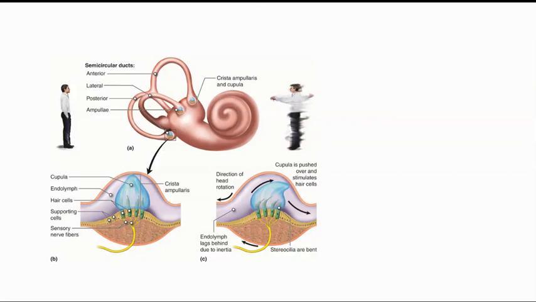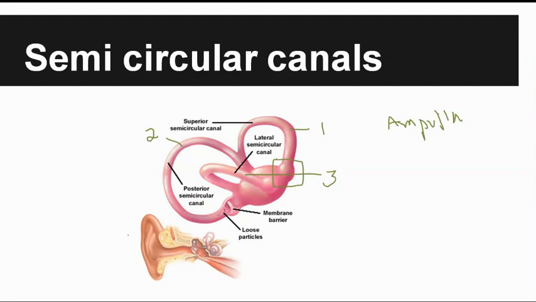So this cristae actually consists of hair cells, and these hair cells sense the movement, and because of the movement, we can sense the angular acceleration. The rotation of the body can be sensed by these semicircular canals, and at the base of the semicircular canals, we have the ampulla, and in the ampulla we have cristae.